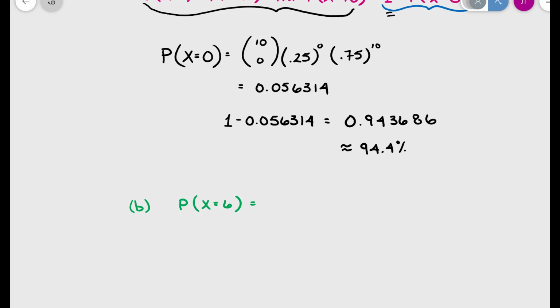because they have to get 6 questions right in order to receive a passing grade. So this is going to be 10 choose 6 times 0.25 to the 6th power times 0.75, and the power on this is 10 minus 6, so it's going to be 4.